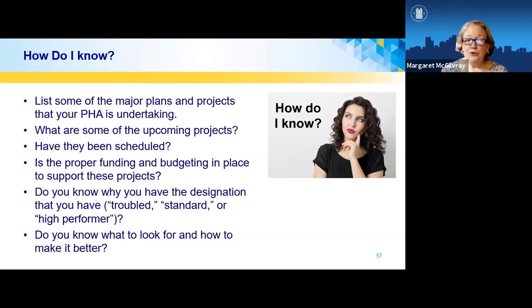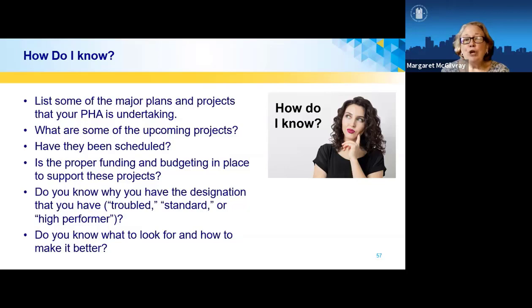If you know what your performance score is from HUD for your public housing authority, that's your PHAS, which is the public housing assessment score, or your Section 8 management assessment program score, which is your SEMAP score. Those we go into in one of the other modules, but you should at least know, are we troubled? Are we substandard? Are we standard? And those are done through HUD's grading systems.